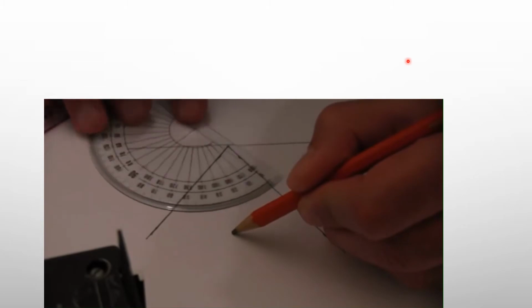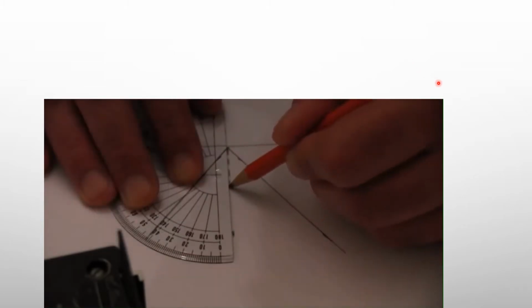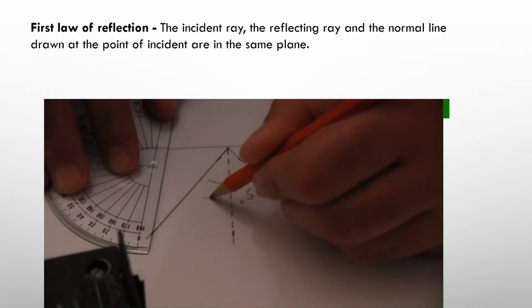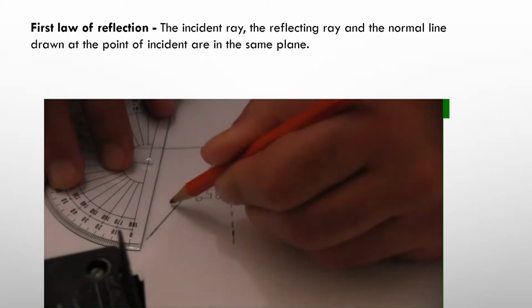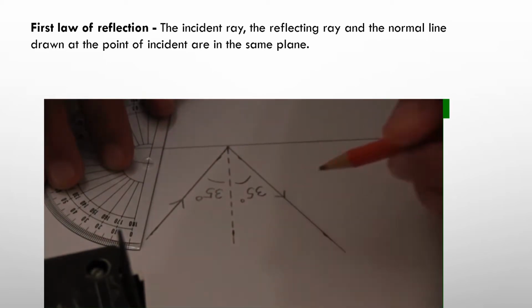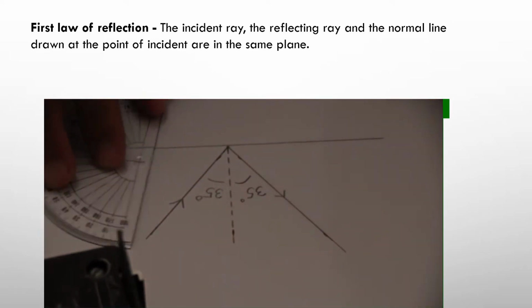So the first law of reflection says that the incident ray, reflected ray and the normal line drawn at the point of incidence are in the same plane.